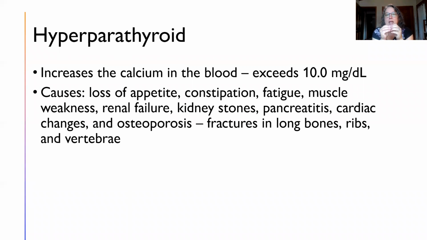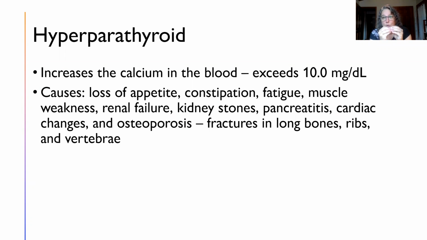Hyperparathyroidism will increase the calcium levels in the blood. If you have too much PTH, you'll have too much calcium in the blood, and there are a few different reasons for this. Symptoms include loss of appetite, constipation, fatigue, and muscle weakness.